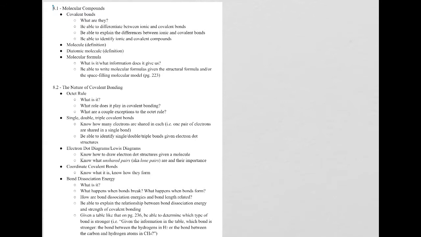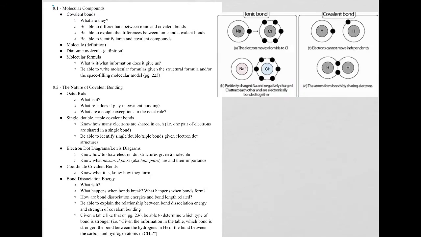Okay, so 8.1, molecular compounds, aka covalent compounds. So we're going to look at covalent bonds. What are they? Well, we know that covalent bonds, as opposed to ionic bonds, are bonds in which the electrons are shared rather than accepted or donated.